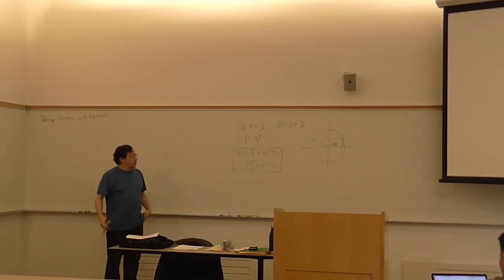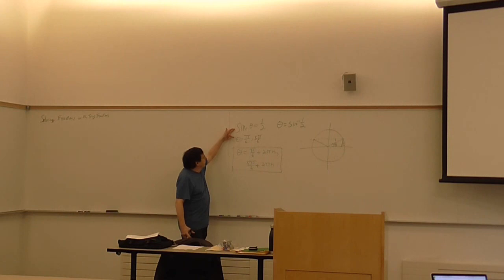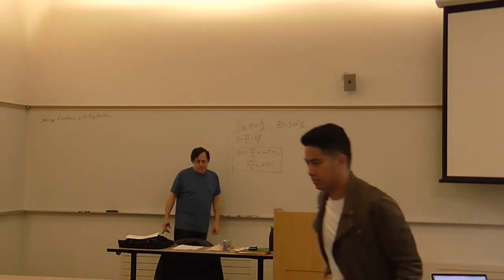And most of the other problems we'll look at will descend to this at some point. We'll end up with some trig function equal to a value, or maybe we'll have 2 different versions of that, and we'll have to go through this process. Find all the solutions.